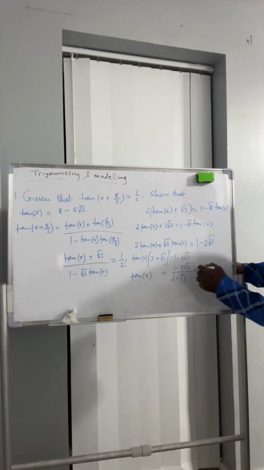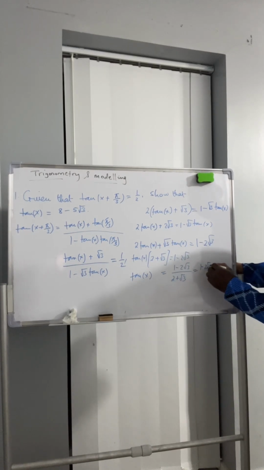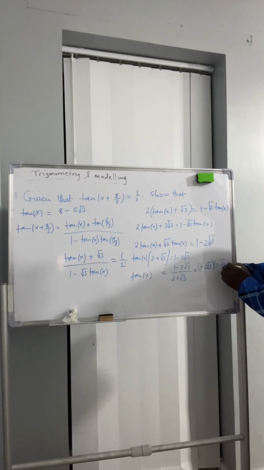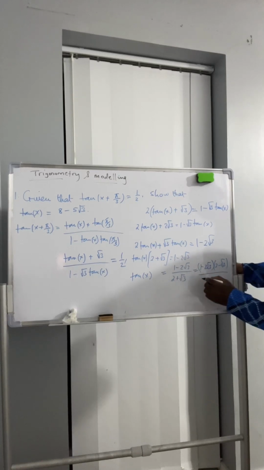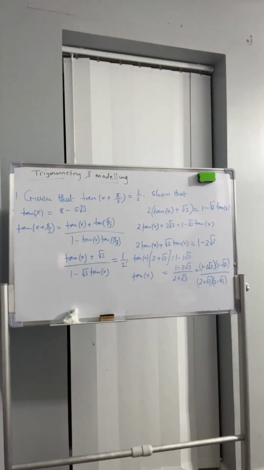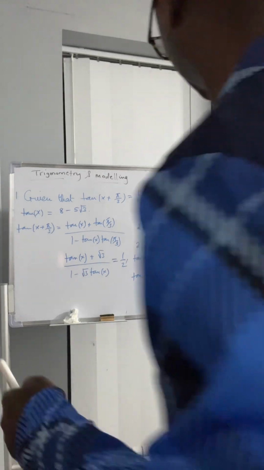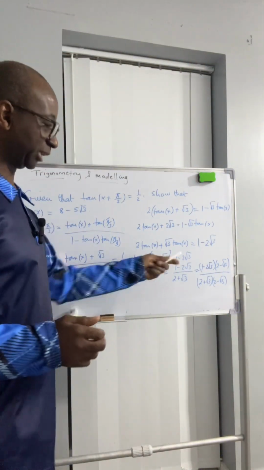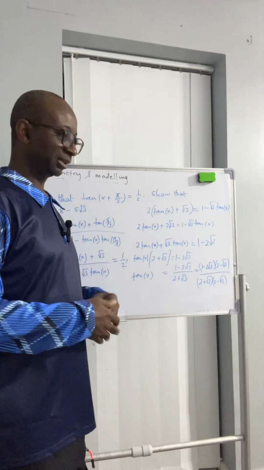So you still have 1 minus 2 root 3, multiplied by 2 minus root 3, all over 2 plus root 3 multiplied by its conjugate 2 minus root 3. This doesn't change the solution. It's just a mathematical manipulation in order to arrive at a solution.